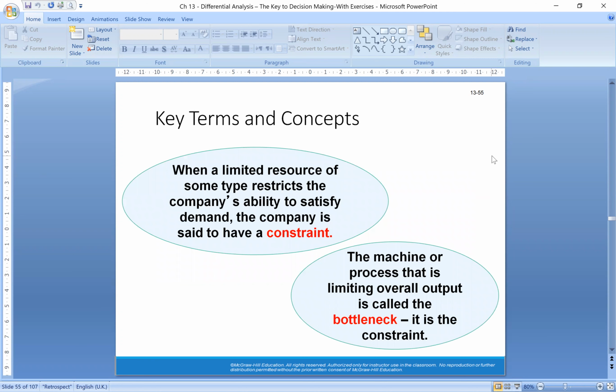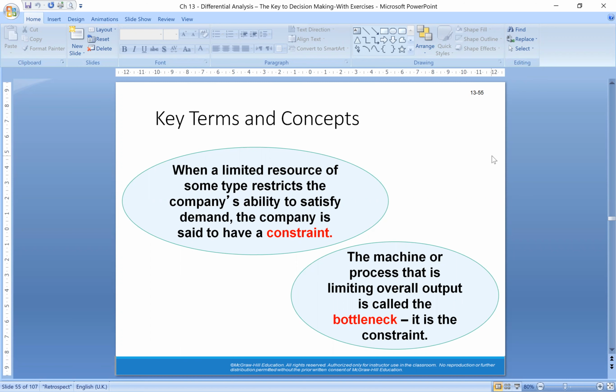When a limited resource of some type restricts the company's ability to satisfy the demand, the company is said to have a constraint, or something called a limited resource. The machine or process that is limiting overall output is called a bottleneck.